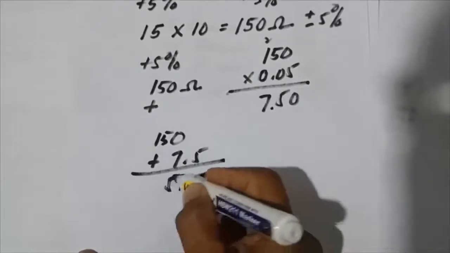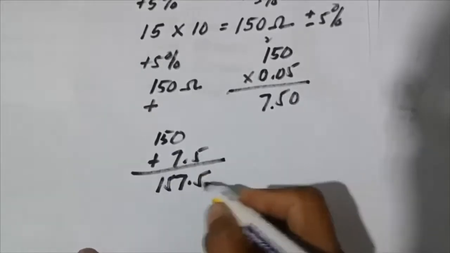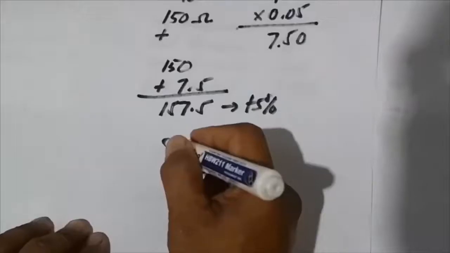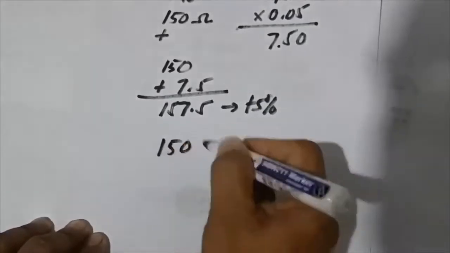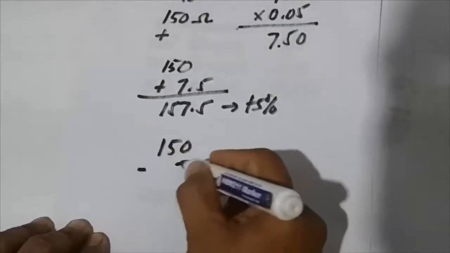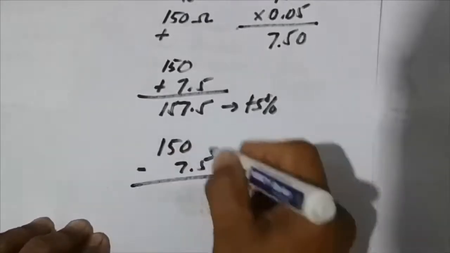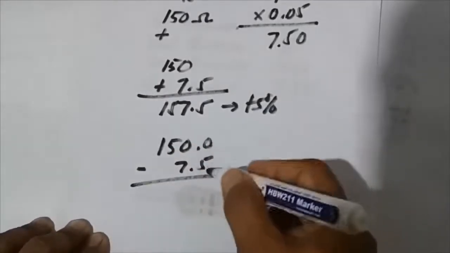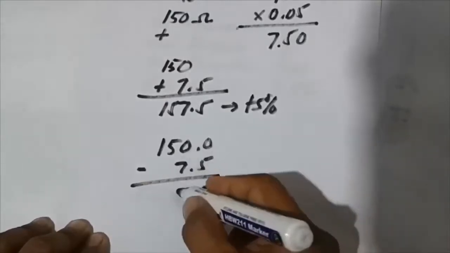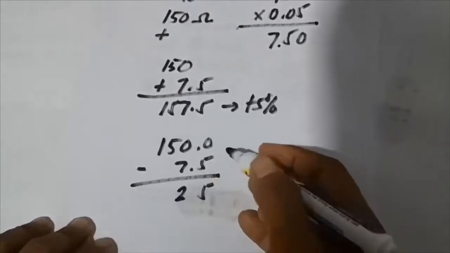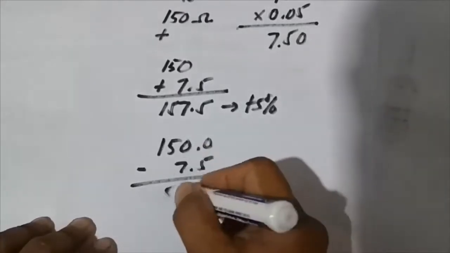This is now your positive 5% of the tolerance. To get the negative 5% tolerance, we will be subtracting 7.5 from 150. So 150 minus 7.5 will give us 142.5, which is our negative 5% tolerance.